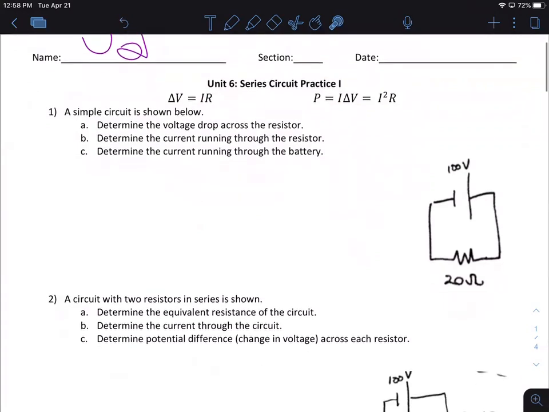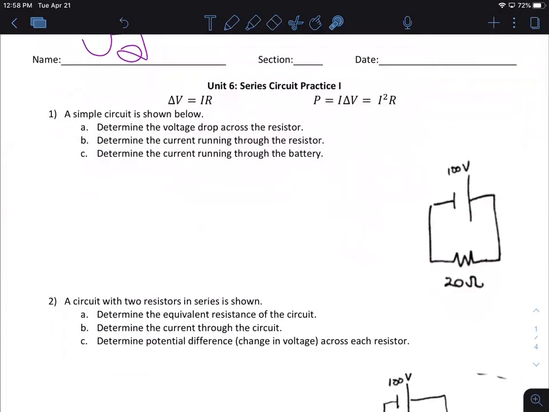And then we also have our two ideas of conservation of charge, which tells us in a series circuit like this, one loop, the current, the charge per second going through each spot in the loop is the same. And conservation of energy, which says that the change in potential, when we're talking about energy per charge, across one entire go around has to be 0.